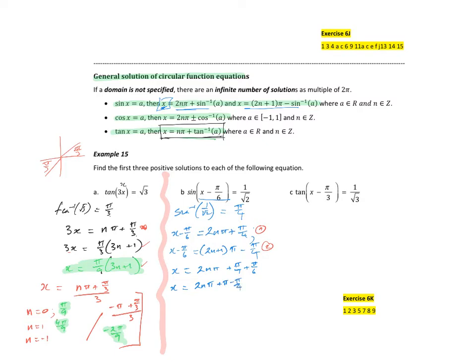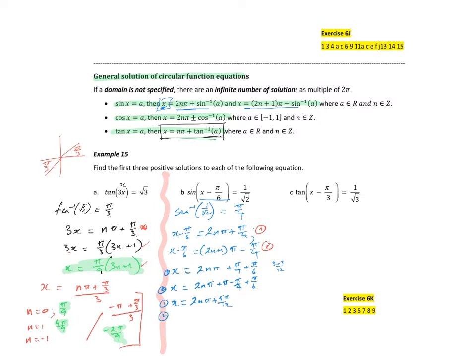Don't forget to bring the pi on 6 across, which is plus pi on 6. So that's 1, that's 2. Number 1, x is equal to pi on 4 plus pi on 6, they're both over 12, aren't they? So it becomes a 3 plus a 2. So it's 2n pi plus 5 pi on 12 is one equation.